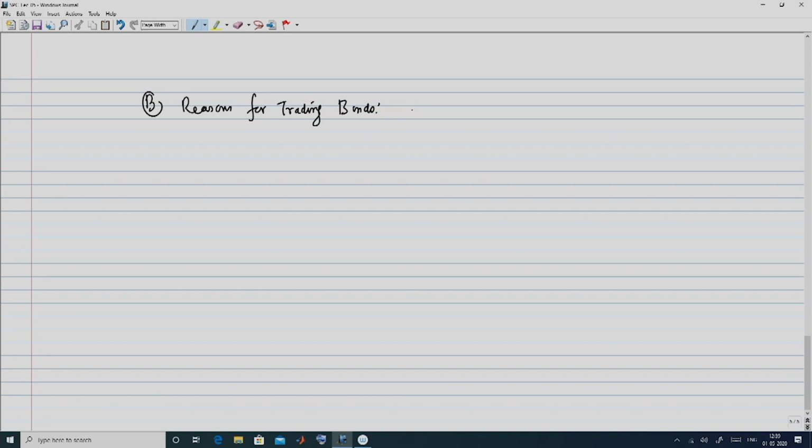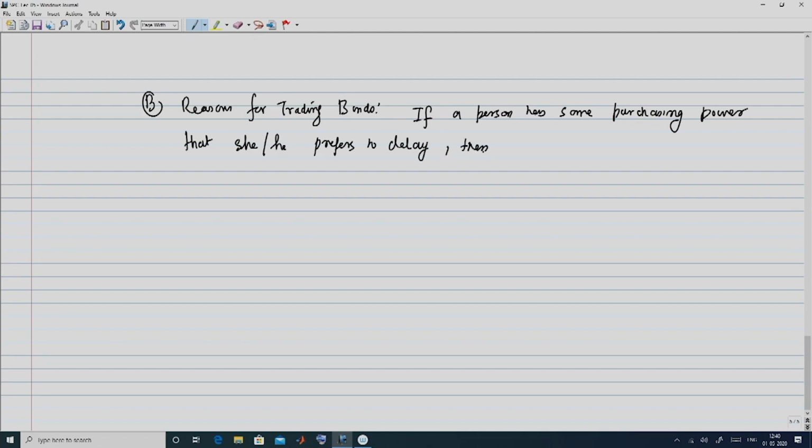The reasons for trading bond from the point of view of the bond purchaser is that if a person has some purchasing power, that means some extra cash or disposable income, and because this is extra cash that the person is holding, that there is no need to spend at that point of time, that he or she prefers to delay, then she or he could buy a bond.